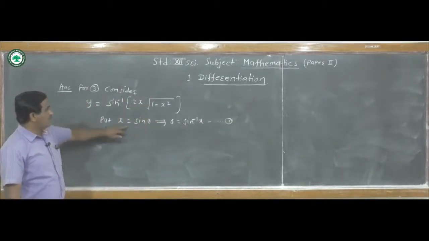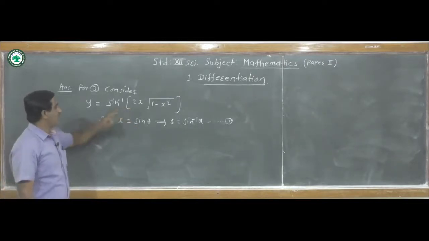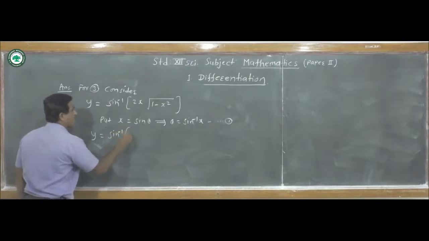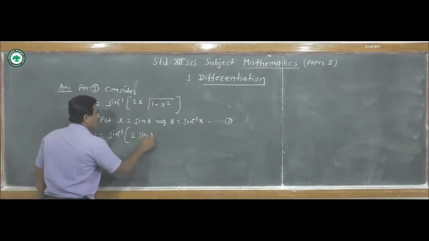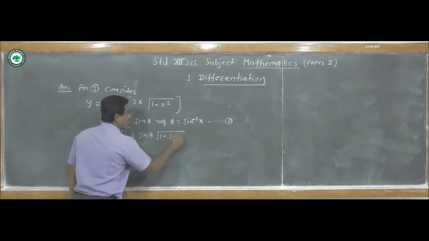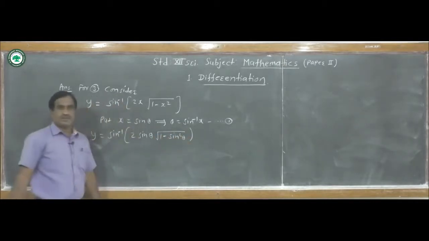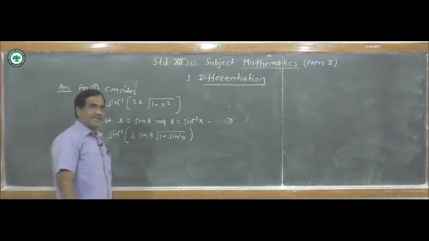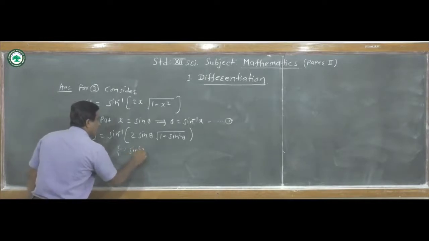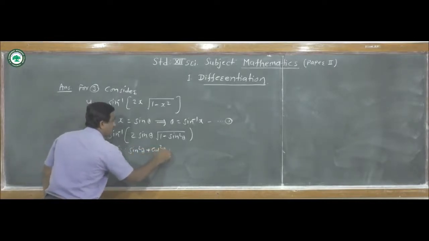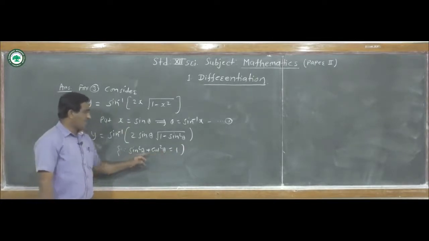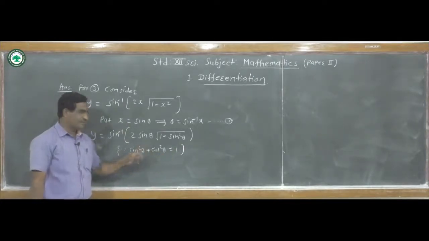Now putting x equal to sine theta, we get y is equal to sine inverse of 2 into sine theta into under root 1 minus sine square theta. Now you know the first fundamental identity, sine square theta plus cos square theta equal to 1. Therefore, 1 minus sine square theta equal to cos square theta.